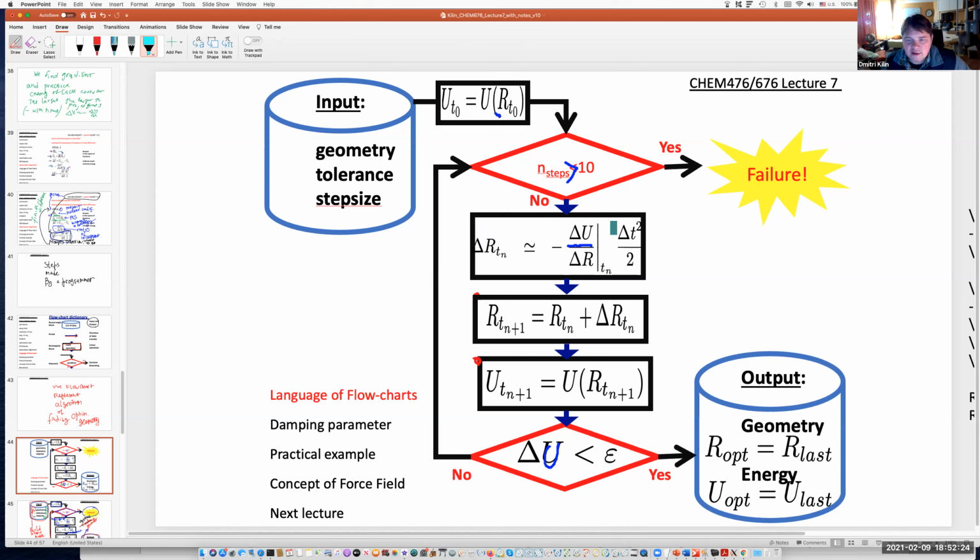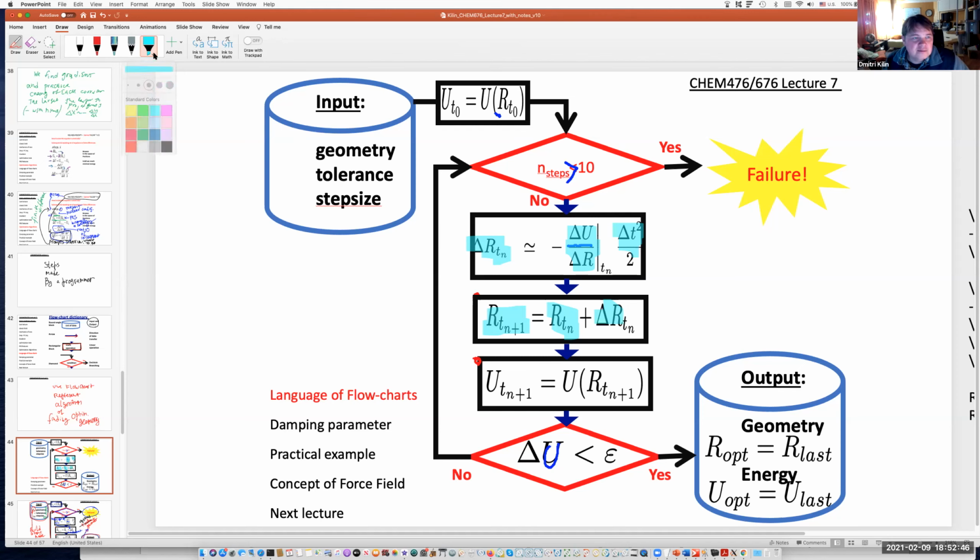So one takes the gradient, multiplies it by delta t squared, and computes the increment of the interatomic position. Then the new interatomic position is computed by the old interatomic position plus this increment.